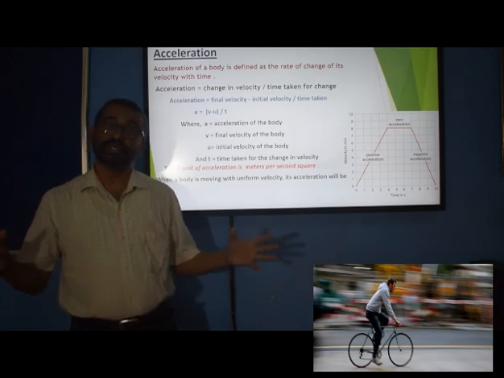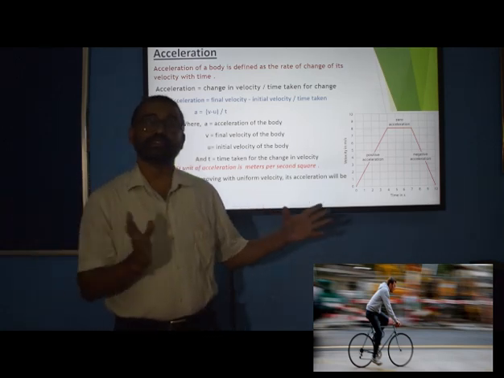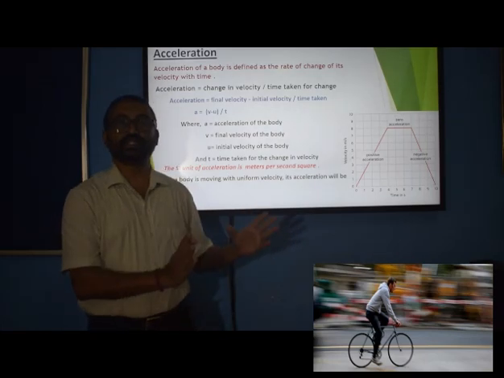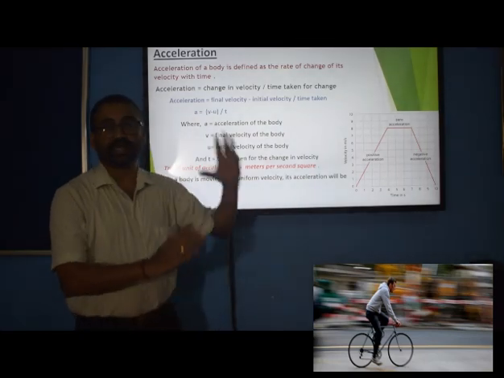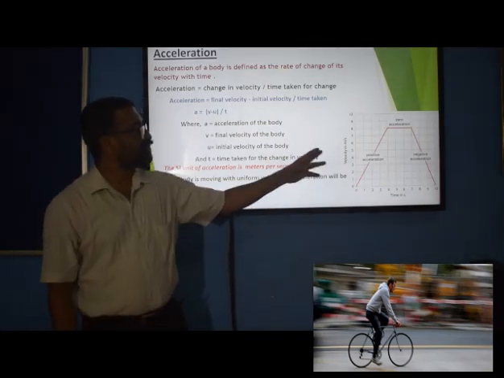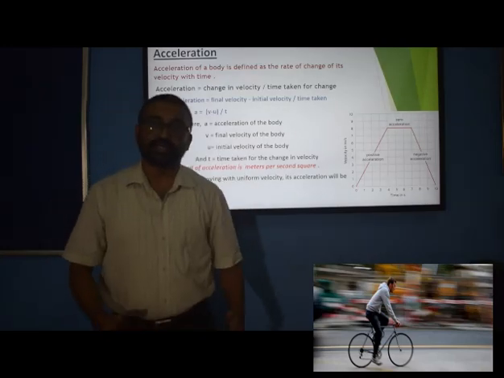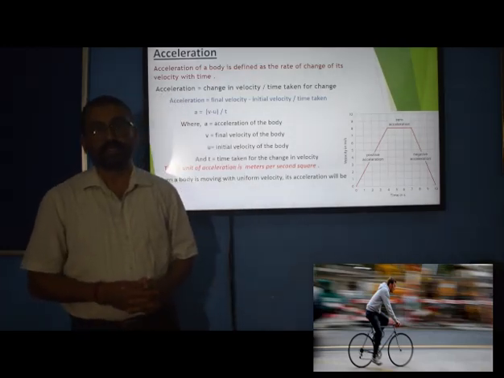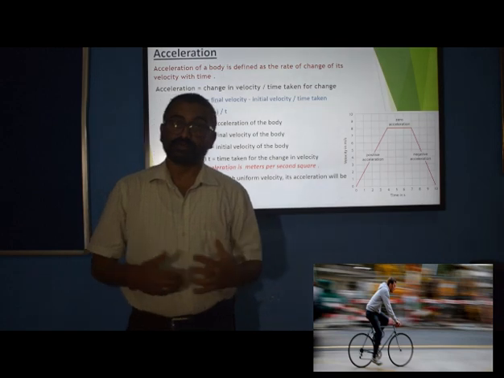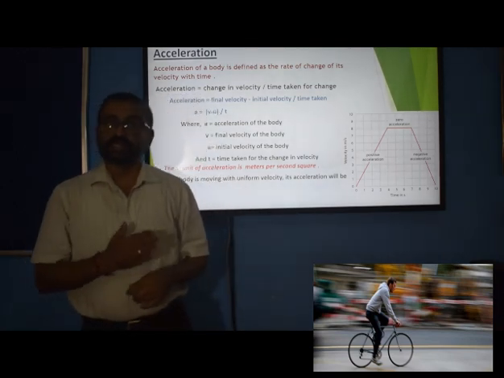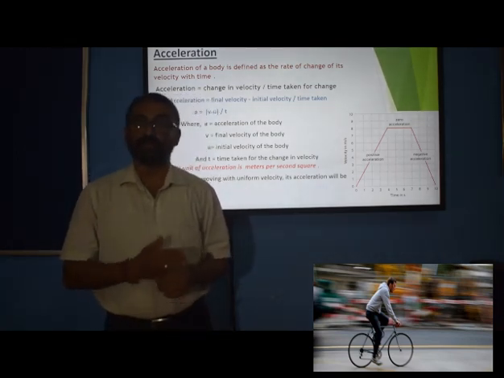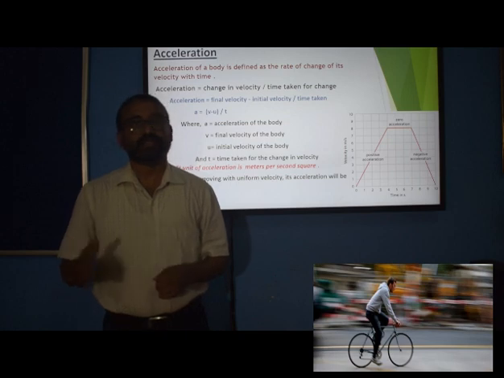No change in velocity. The body goes in a straight line with constant velocity. So positive, zero and negative acceleration are the three types of acceleration. Hope, my dear children, you understood the difference between distance, displacement, velocity, speed, acceleration and its different types.